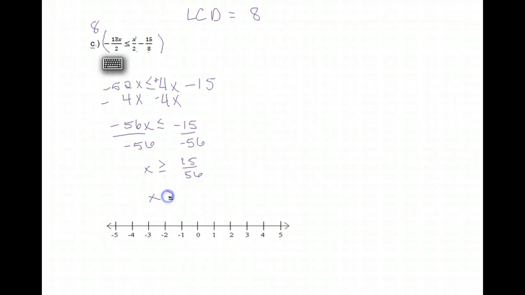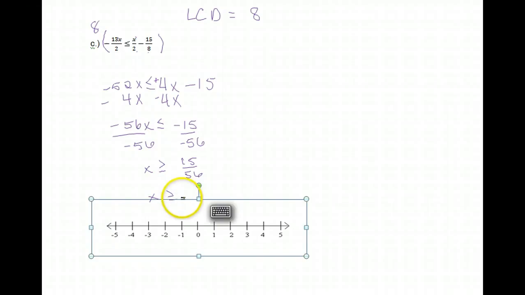Now, since we are graphing, it is sometimes easier to graph whenever a number is in decimal form. So I converted this to a decimal. 15 divided by 56 is approximately 0.27, which is about a quarter.